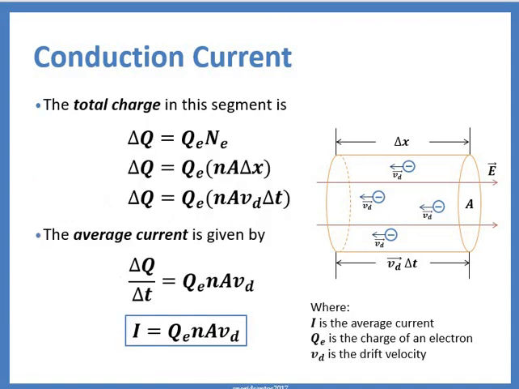The total charge in this segment can be computed by multiplying the number of charge carriers present and the charge of an electron, denoted by Q_e. By manipulating this equation, we can come up with a formula for the average conduction current, which is Q_e times n times the cross-sectional area A times the drift velocity v_d.